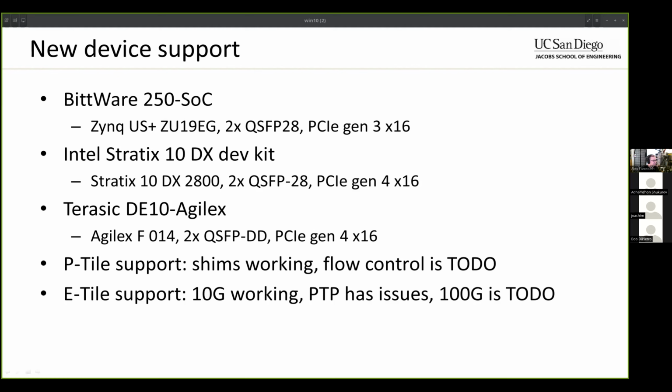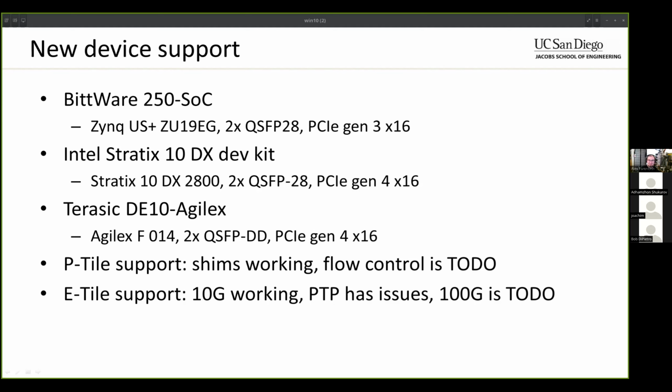Let's see. And then in terms of the e-tile support here, 10G and 25G are basically doing what they're supposed to do. In terms of throughput, PTP has some problems on these. There's some weird issue where if you saturate the TX direction, then RX timestamps get screwed up, which makes absolutely no sense. I suspect it's either an issue in the e-tile itself or hopefully in the soft logic around the e-tile.